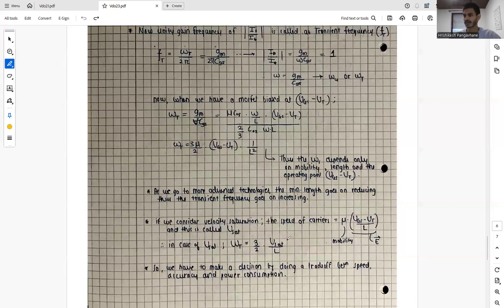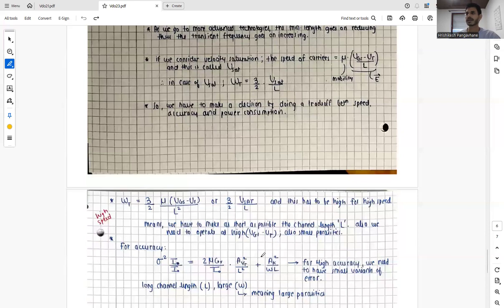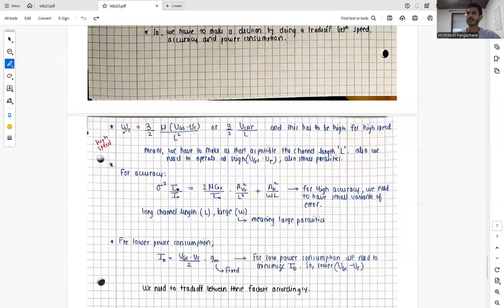In this case also we have to make a decision by doing a trade-off between speed, accuracy and power consumption. What I mean by this is basically we have three conditions. If you want high speed, omega t is this equation, 3 by 2 VSAT by L, and this has to be very high.